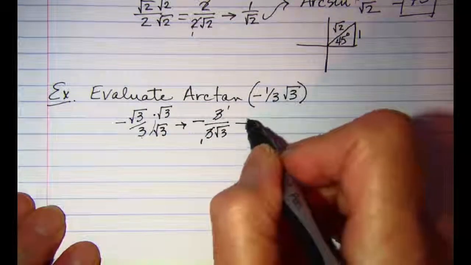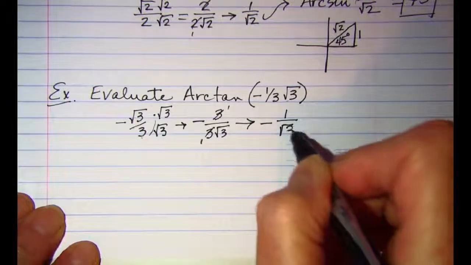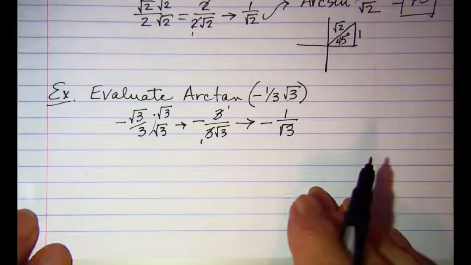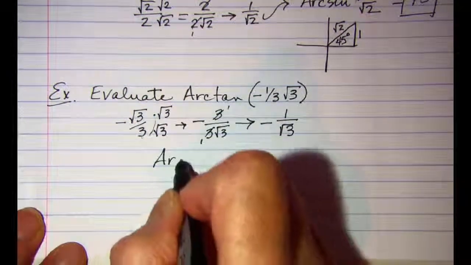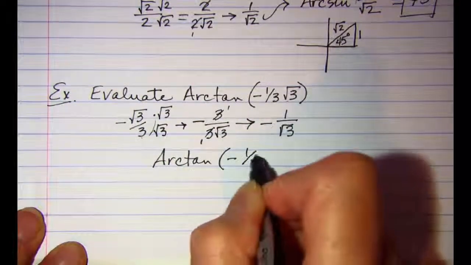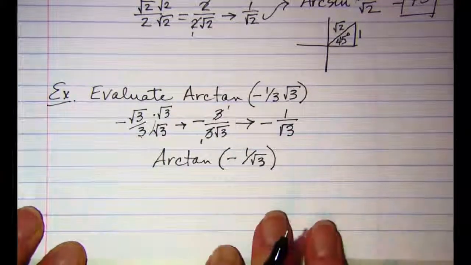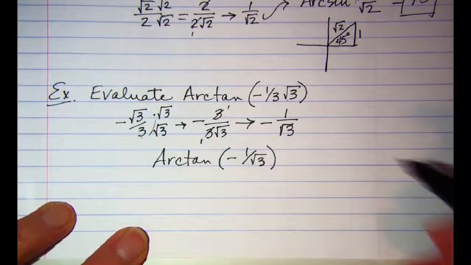So I have a negative 1 over root 3. So my problem now is to evaluate arctan of negative 1 over root 3.